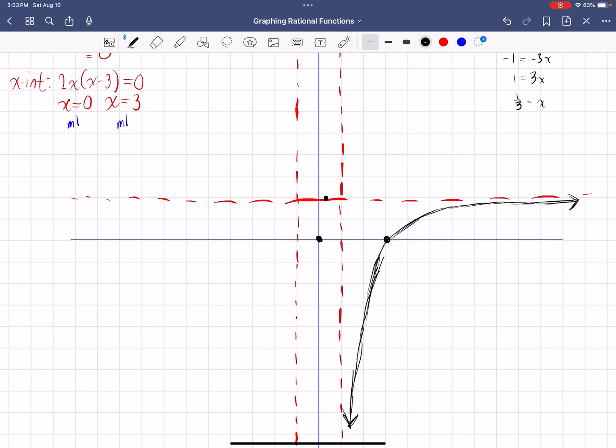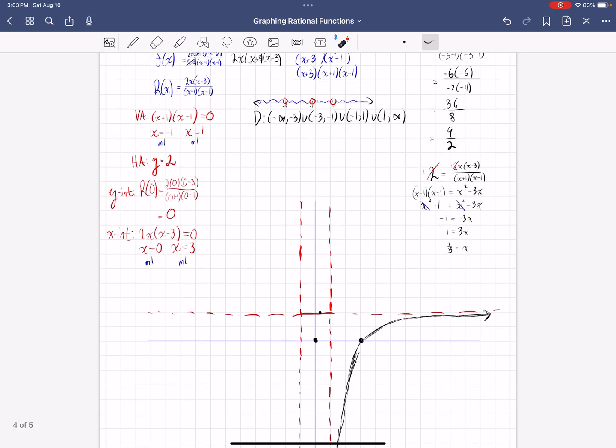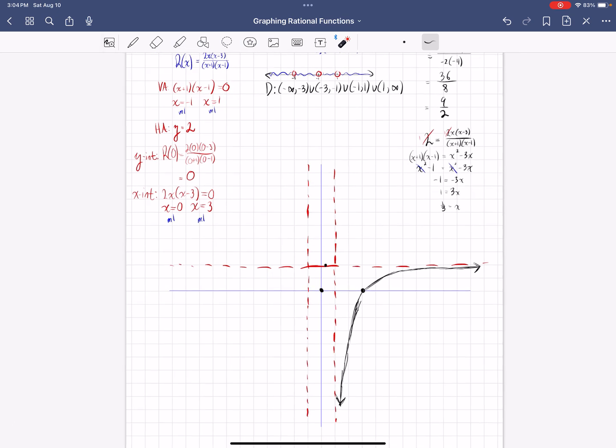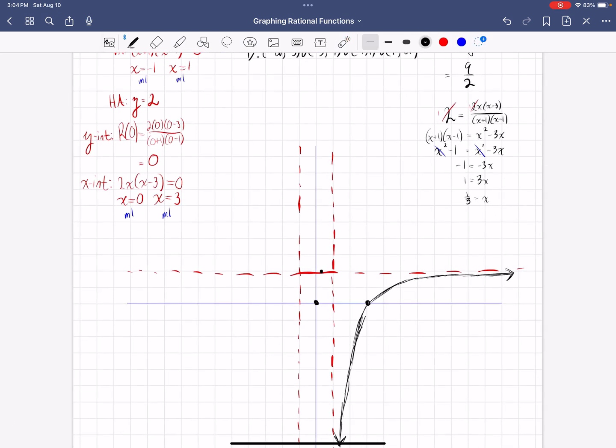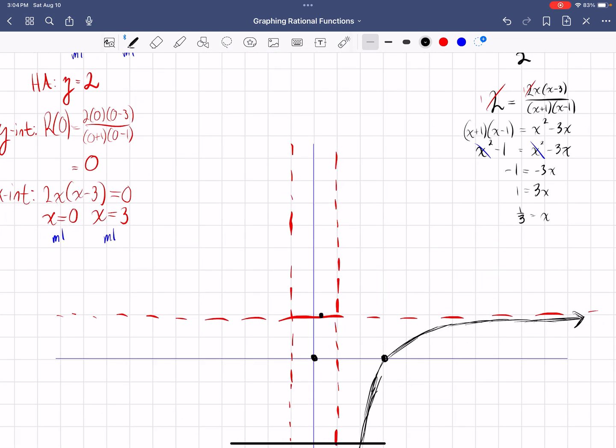Okay. Next up, let's look at the vertical asymptote, x equals 1, and check its multiplicity. The vertical asymptote at x equals 1 has a multiplicity of 1, which means, like we talked about before, that the graph has the opposite behavior on either side. If it goes down on the right, then it's going to go up on the left. So the graph has to come down from here.